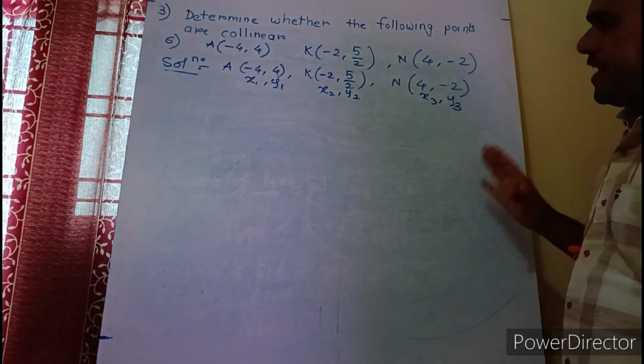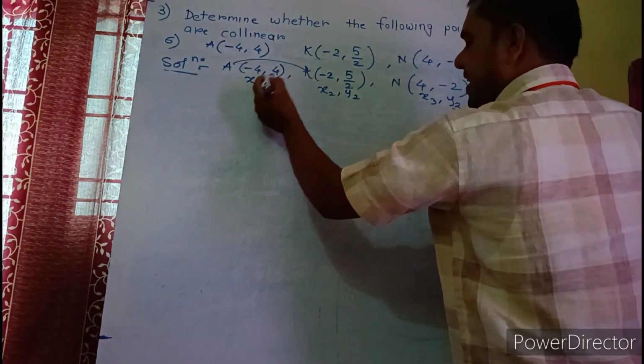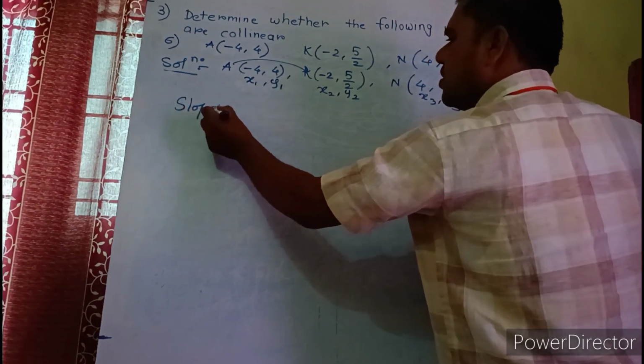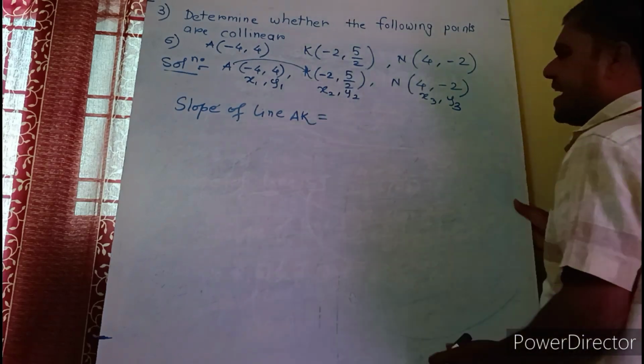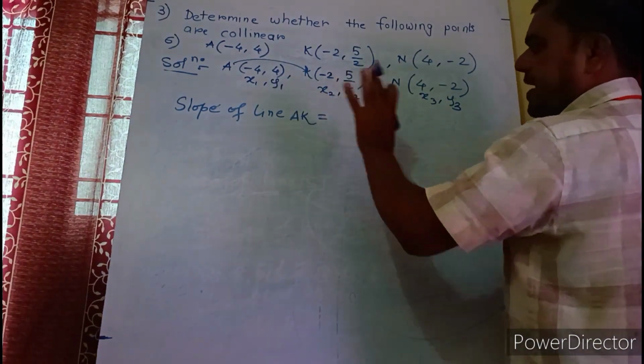At first, we have to find the slope of line AK. That can be calculated as y2 minus y1 divided by x2 minus x1.